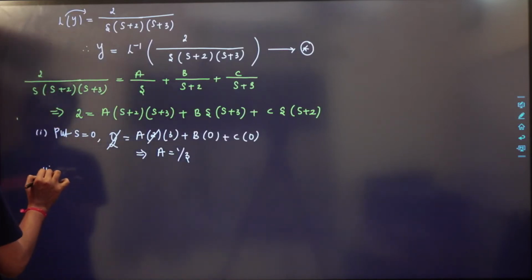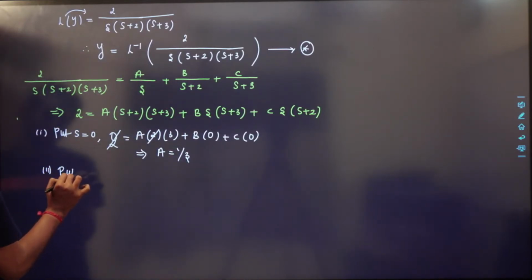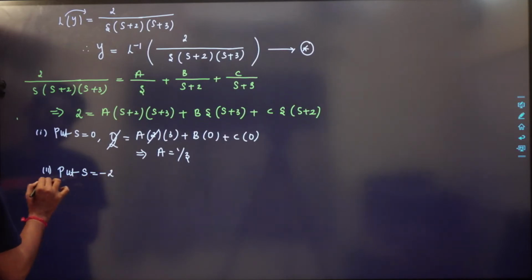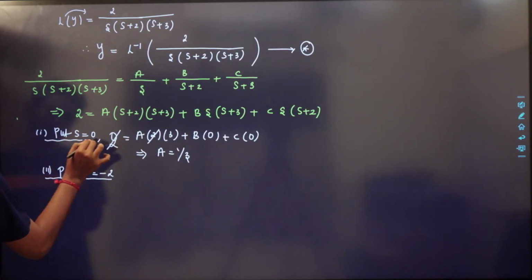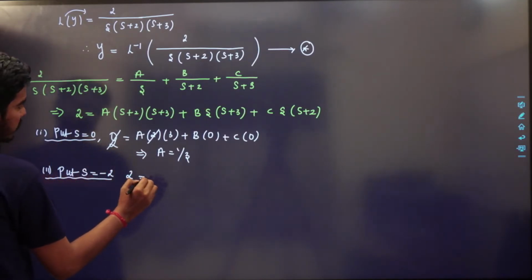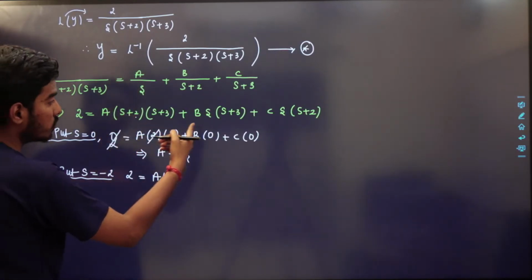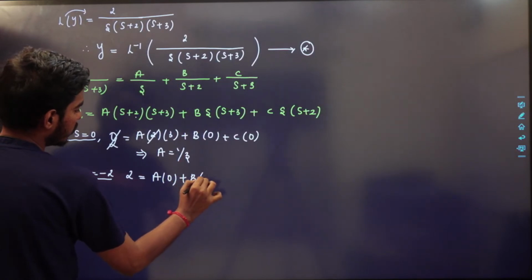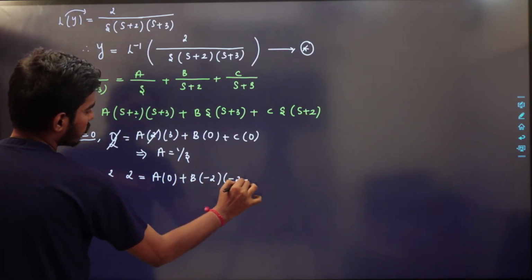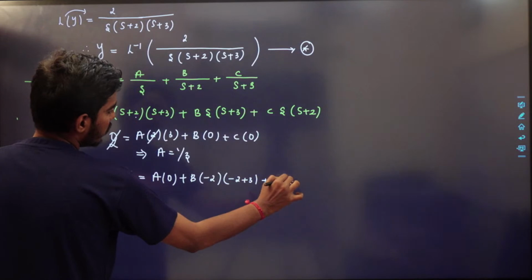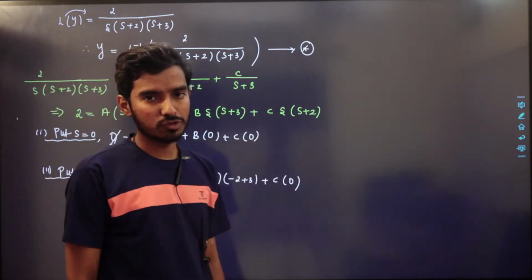Now put s is equal to minus 2. So for s is minus 2, we have 2 is equal to, this a will be 0 because minus 2 plus 2 is 0. b will be minus 2 into minus 2 plus 3. c will again be 0 because minus 2 plus 2 is 0.